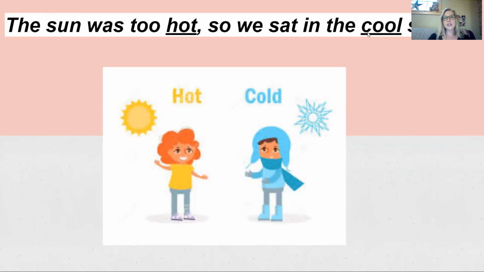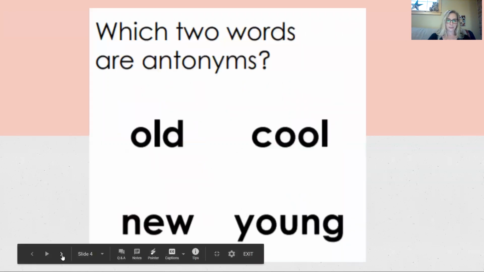And if you weren't sure what they meant, the word sun would help you know what hot meant. And for cool, you could use the word shade. So we know that shade could mean either an umbrella could keep you shaded or a nice tree could keep you shaded to keep you cool. So the antonyms in this sentence are hot and cool.